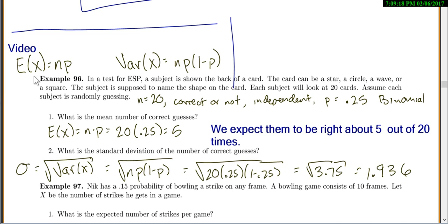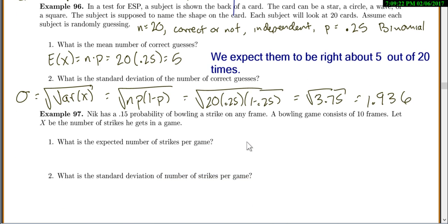If you go and watch your video, this example is in the video. I'm going to do example 97 with you here. Let's say that Nick has a 0.15 probability of bowling a strike on any frame when he goes bowling. A bowling game consists of 10 frames. Let x be the number of strikes he gets in a game. So first of all, would this be binomial? Well, it is in section 3.1, so probably.